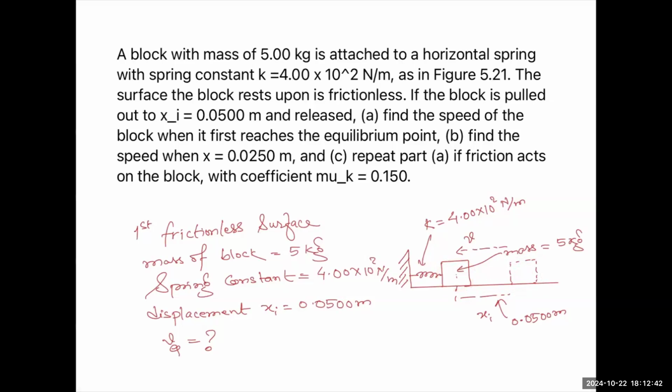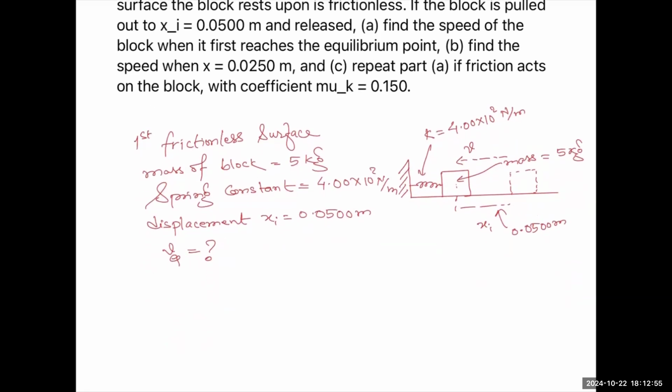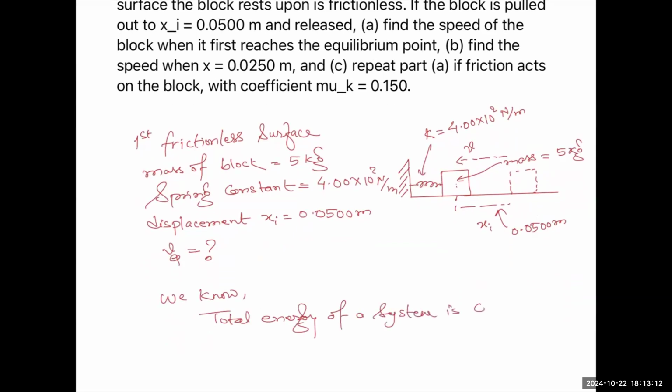So what did we learn from the work energy theorem? Total energy of the system is always constant, right? Total energy of a system is constant within the system.